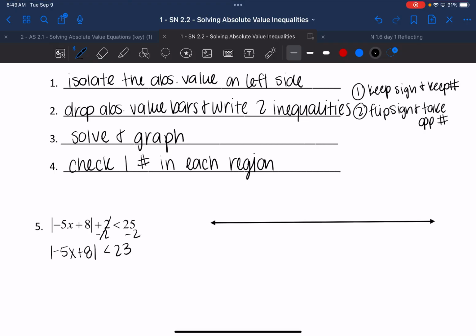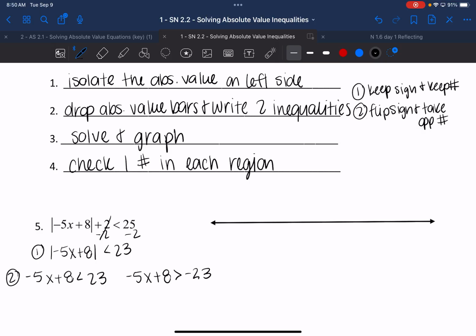Okay, now remember the first equation, so there was step number 1. Here we're on step number 2. Should look exactly the same, right? Negative 5x plus 8 is less than 23. Okay, my second equation is going to be negative 5x plus 8 is greater than negative 23. All right.